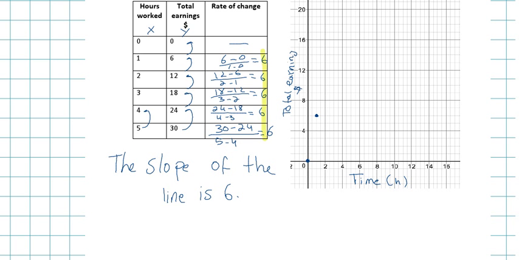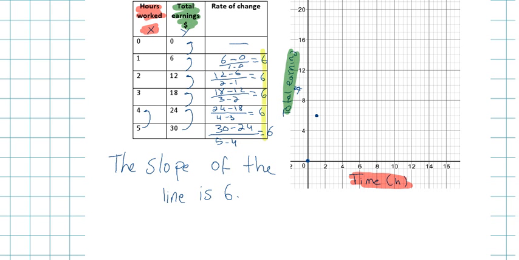Where did I get my labels from? I got them from my table of values, right? I should say hours worked, and this I got from here. Now let's keep plotting.